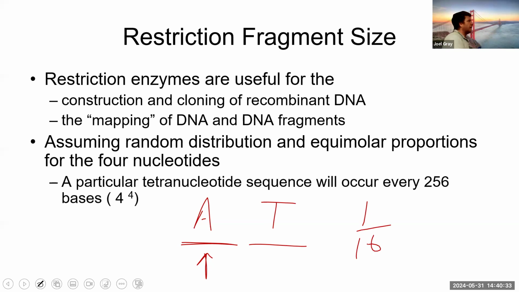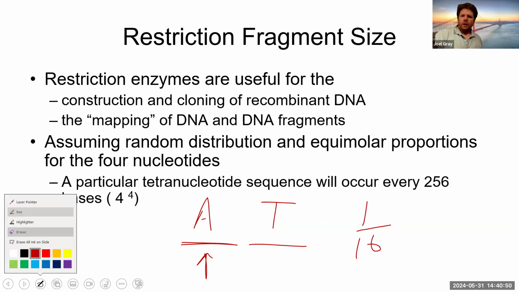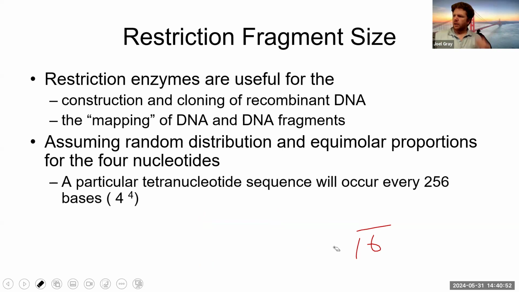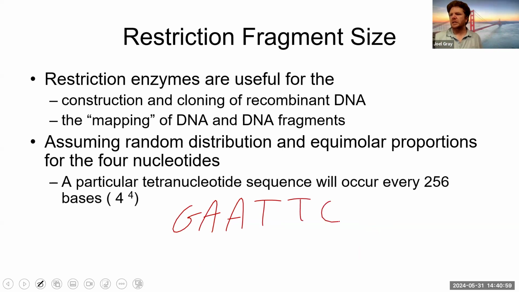So if you randomly generated a piece of DNA that was 16 base pairs long, there's a pretty high probability that you'd get an A followed by a T. Is it 100%? It's pretty darn close to it. Does everyone follow that? So then, if you're talking about a restriction site that is GAATTC, what are the chances that you find a G? 1 out of 4.